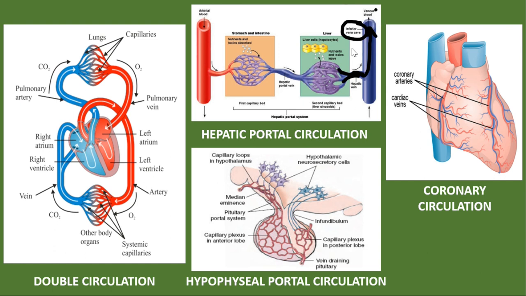In doing so, the digested food, that means through this hepatic portal circulation or hepatic portal system, the digested food which is coming from the stomach and intestine to the liver through the hepatic portal vein, collected by blood from the intestine and from the stomach, is received by the hepatic cells for storage, for metabolism, and for detoxification.